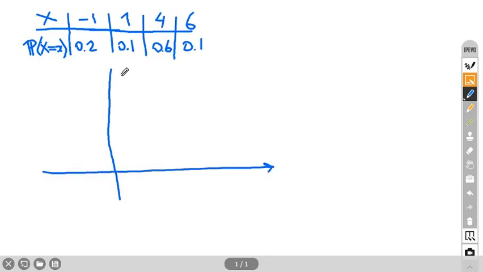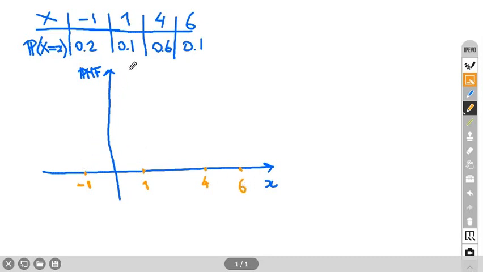Now to draw the PMF, we need a Cartesian plane. This is the graph of our PMF, probability mass function. On the x-axis, I will mark the values of our x, and the y-axis will be for probabilities, for PMF values. So -1, then 1, then 4, then 6.